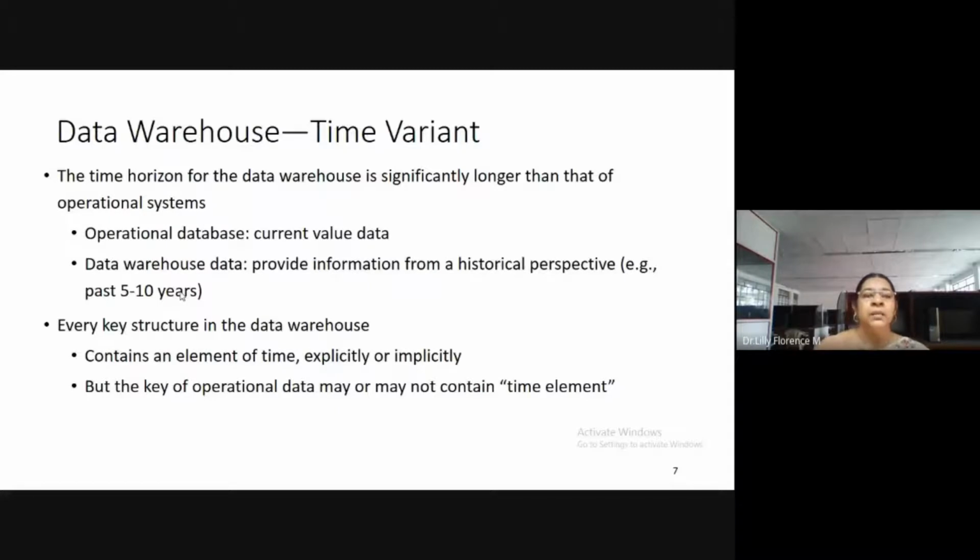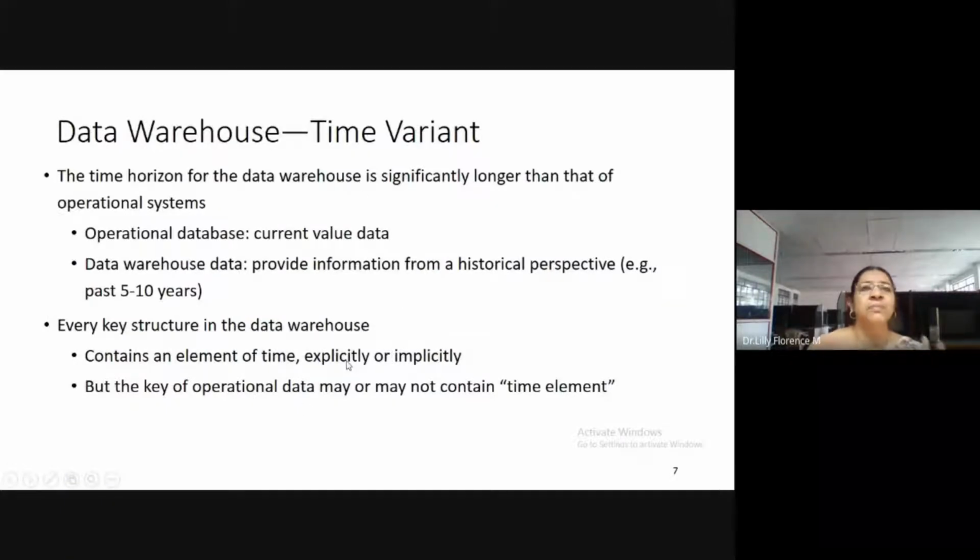It maintains long-term data as a repository, so that we can make decisions and apply prediction algorithms on it. We can predict longer term information using the data warehouse. That is why it is time variant. It will not have only current data values.